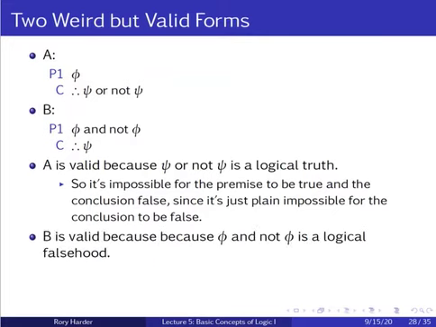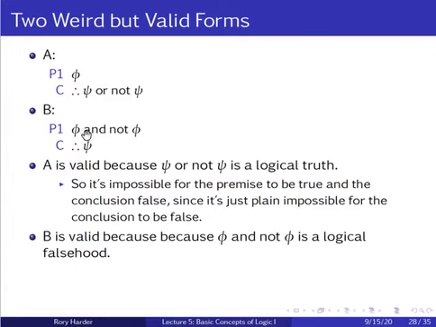Now here is why B is valid. B is valid because phi and not phi is a logical falsehood. That is to say, for any sentence phi whatsoever, claiming that phi and not phi is true is a logical falsehood. That is to say, it's impossible for it to be true that phi and not phi.